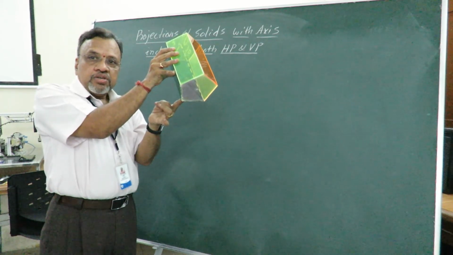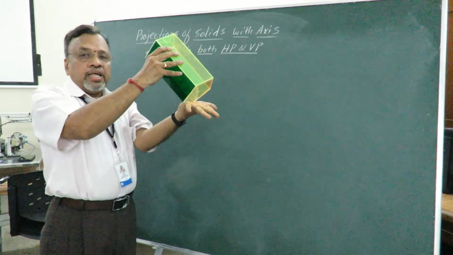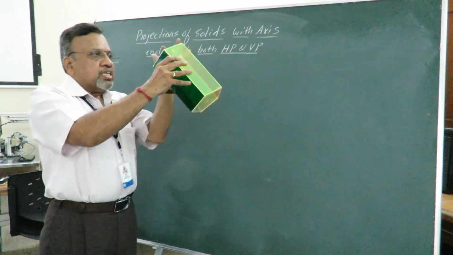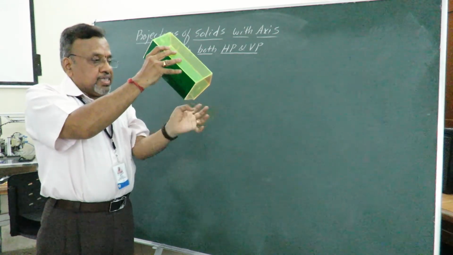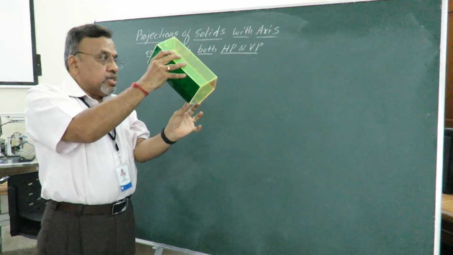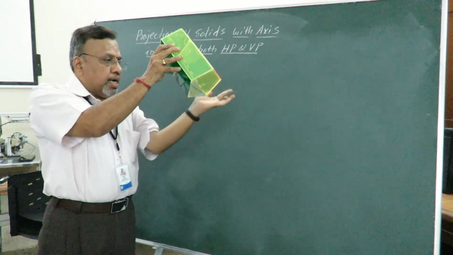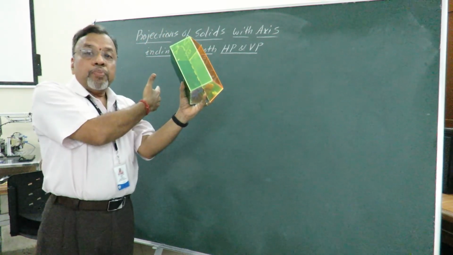Can you see what is happening to the solid now? In this orientation, the axis is still parallel to VP. But if this side which is resting on HP is inclined at a certain angle to VP, now we can see the axis is becoming inclined to VP also.